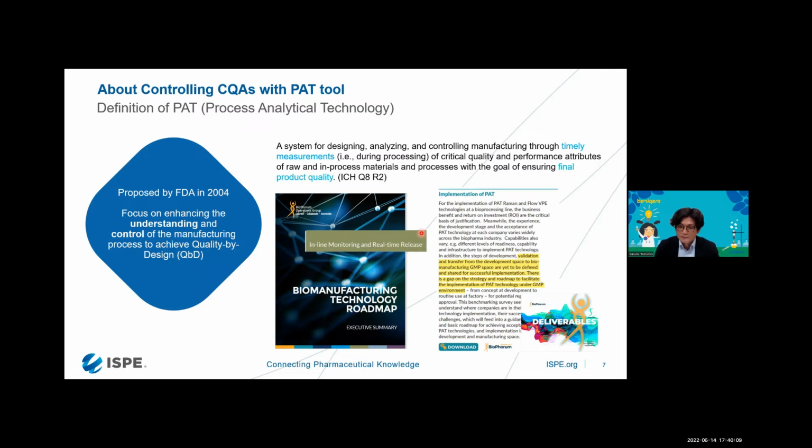In their current update, they discussed the current situation of PAT implementation in the biopharma industry. As per their update, the situation of PAT implementation depends on each facility, because there is no standard strategy for implementing PAT, and it depends on each GMP environment and the capability of each facility.